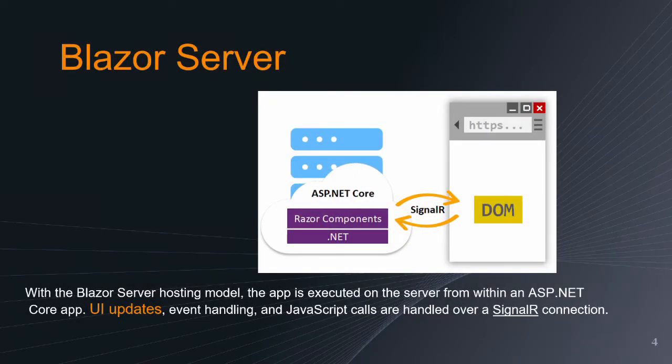What is Blazor Server? Blazor Server is, in fact, a server which runs under the ASP.NET Core technology. You have components and everything is in .NET. So this is a server, and the goal is to communicate with the web client with different requests, and there is a SignalR connection which enables sending only the diff of the UI to the web client.